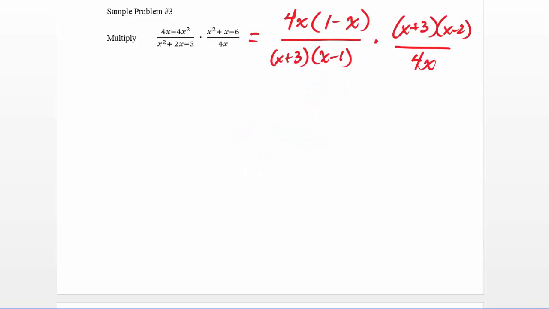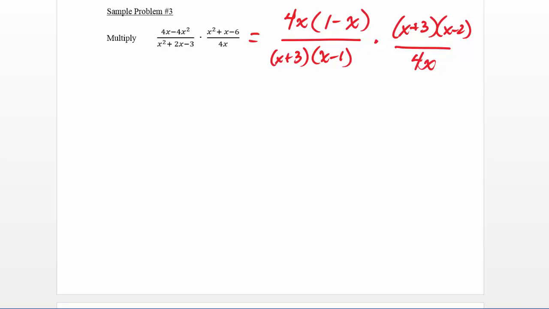For sample problem 3, what I elected to do before multiplying everything together was to factor the 2 parts. I did that because if I would have multiplied everything together initially, I would have gotten some very big, ugly polynomials that would have been really challenging to factor on the back end.